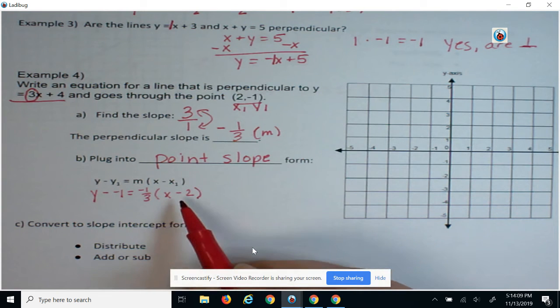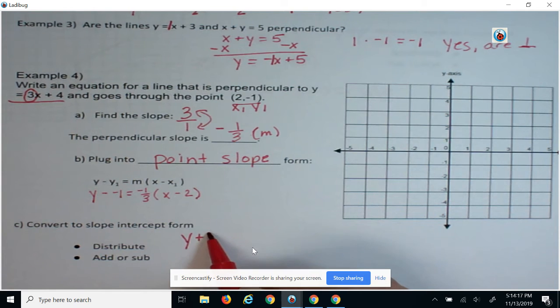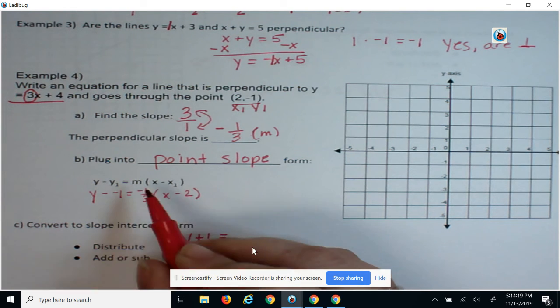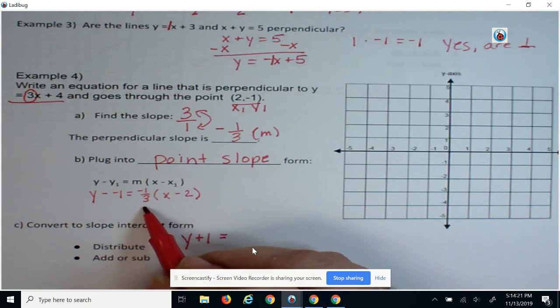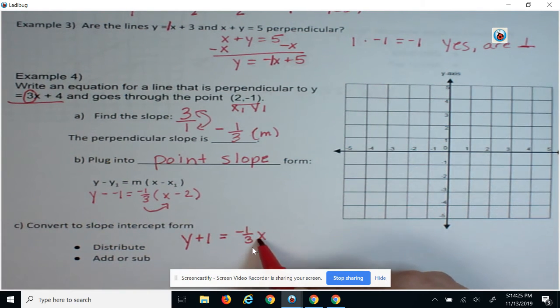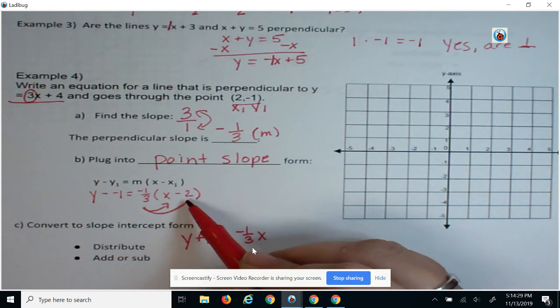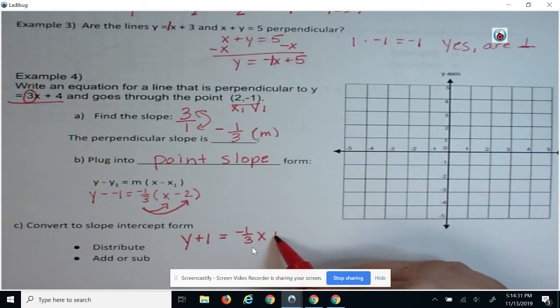And then once I have it in point slope form, I can convert it to slope intercept form. So minus and negative becomes a y plus 1. Then I'm going to distribute negative 1/3 times x and negative 1/3 times negative 2. Two negatives make a positive.